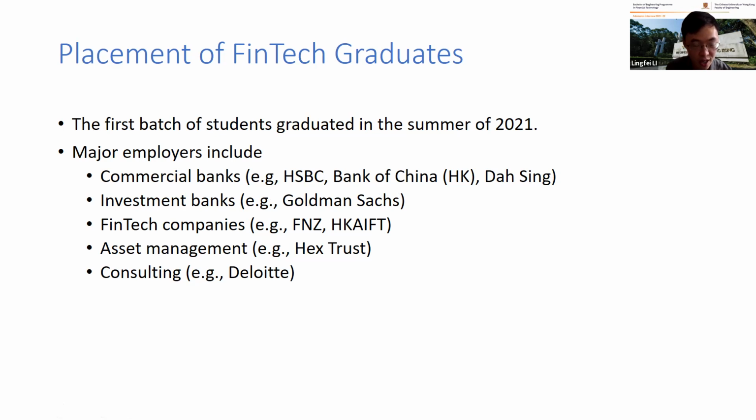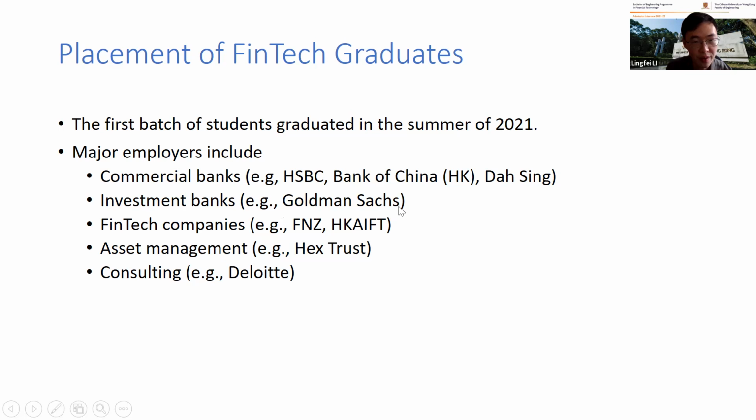There's an initiative of the Hong Kong government: by 2025, all banks in Hong Kong are FinTech. That's the plan from the Hong Kong government. By 2025, all banks are FinTech. So in the future, conventional banking probably won't exist. These conventional banks are all transforming themselves to become FinTech.